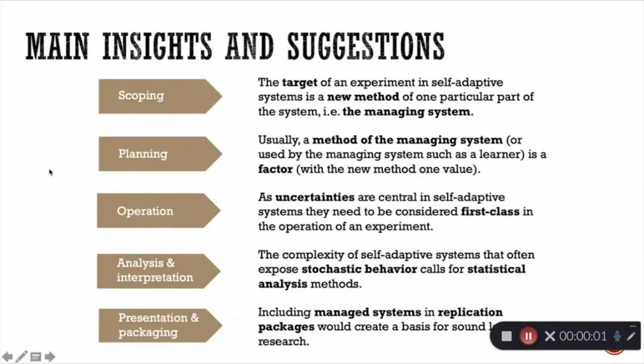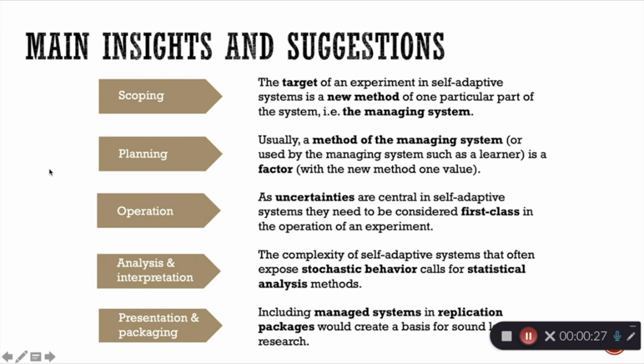Let me now conclude by providing the main insights and suggestions of our study. Regarding scoping, we found that the target of an experiment in adaptive systems is a new method of the managing system. Regarding planning, usually a method of the managing system or a part of it, such as a learner or a planner, is a classic factor of a SIMS experiment. Regarding operation, we found different ways of representing uncertainties.